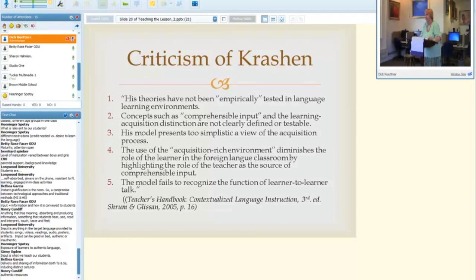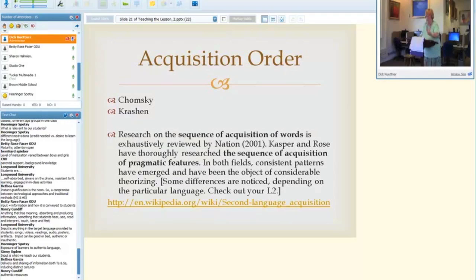And both Chomsky and Krashen talked about the acquisition order. I have another little blurb about acquisition, research on the sequence of acquisition of words. So research is beginning to split up what kind of acquisition there is. There's acquisition of words and there's acquisition of pragmatic features in the language.